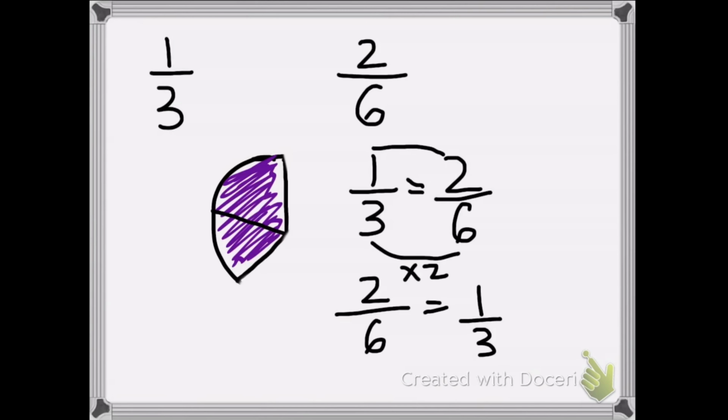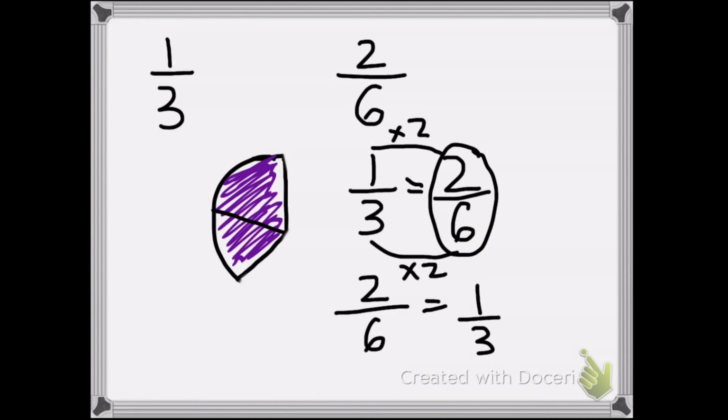Let's do the same thing to the numerator. 1 times 2 is 2, so that means they're both equivalent. The reason we can find this out is whatever you multiply the denominator by, you need to multiply the numerator by the same thing.